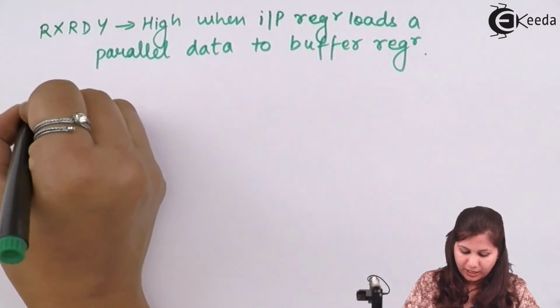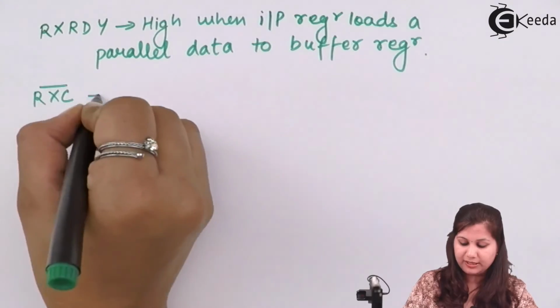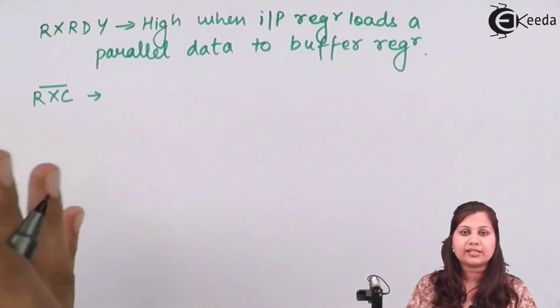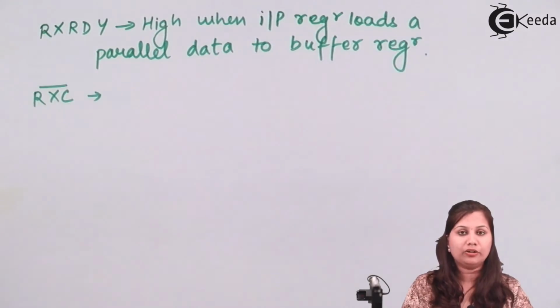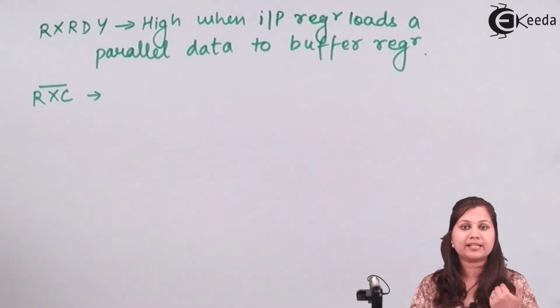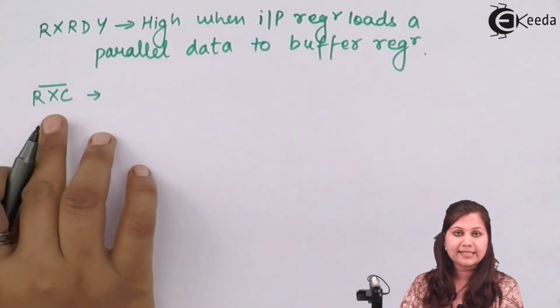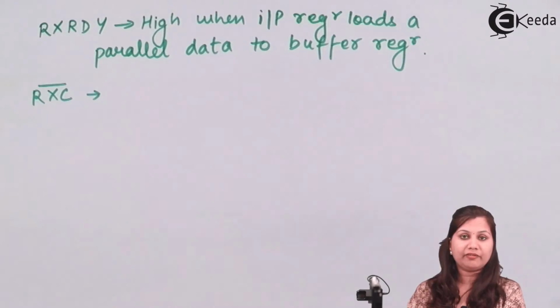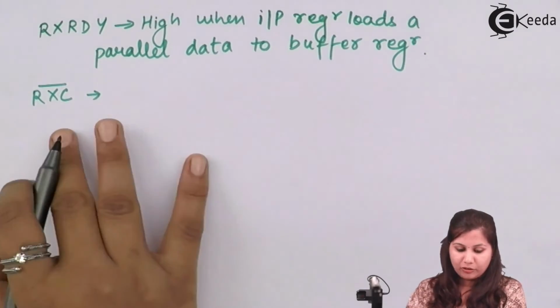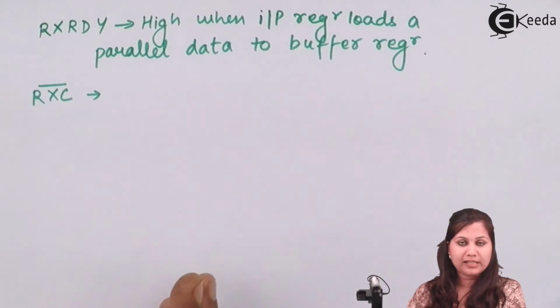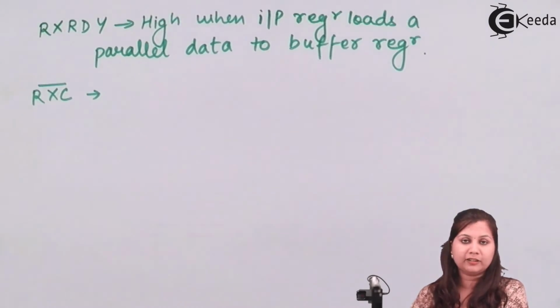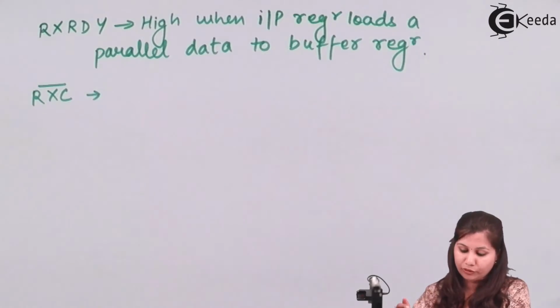Next line was RxC, which is the receiver clock. Just like the transmitter clock was controlling the rate at which the bits are transmitted, RxC is controlling the rate at which the bits are received by the 8251. Here also we will have different frequencies depending upon the factor 1, 16 and 64.